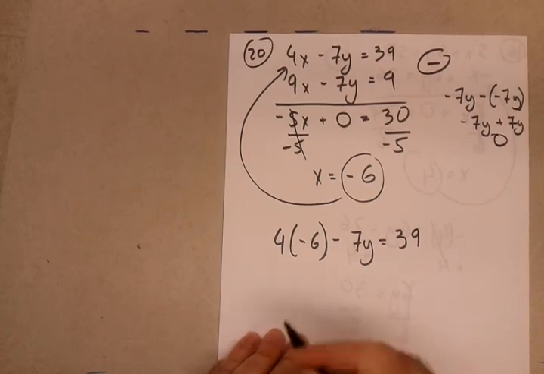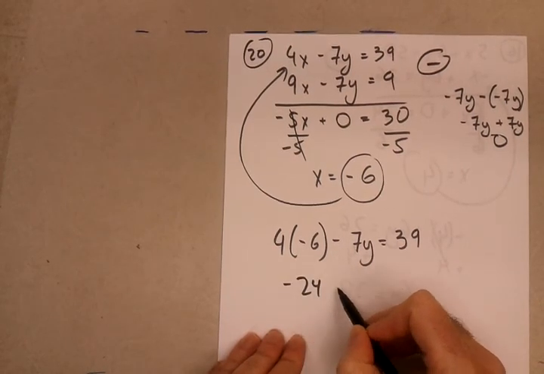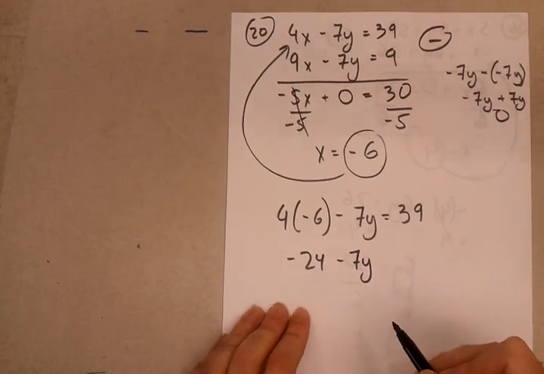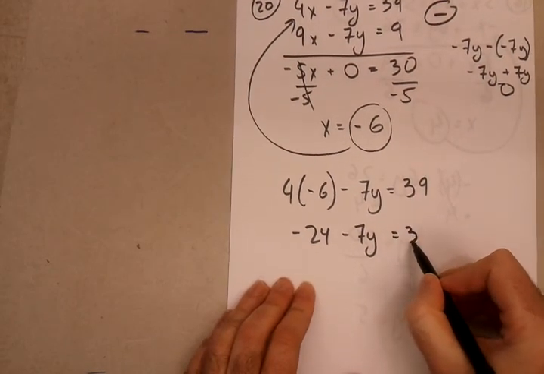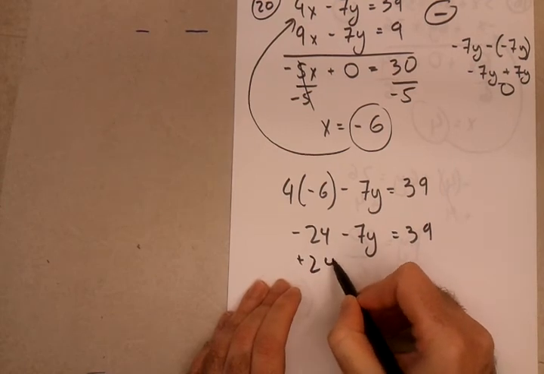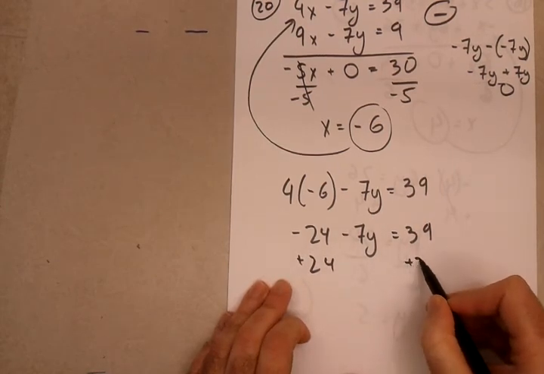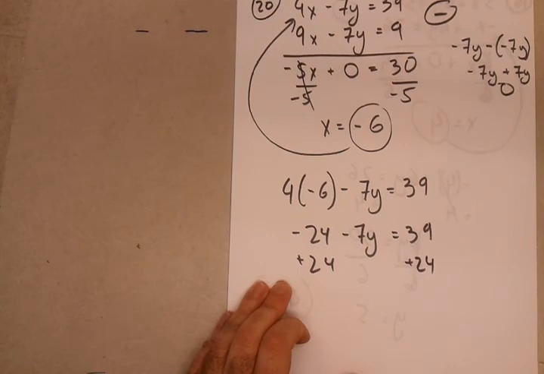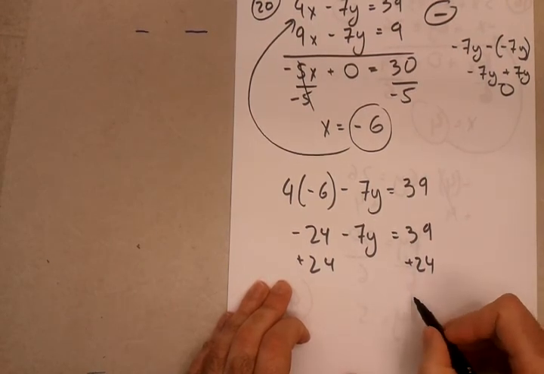So 4 times negative 6, that's negative 24, minus 7y equals 39. Then we're going to add 24 to both sides. So 39 plus 24 is going to give us a 63.